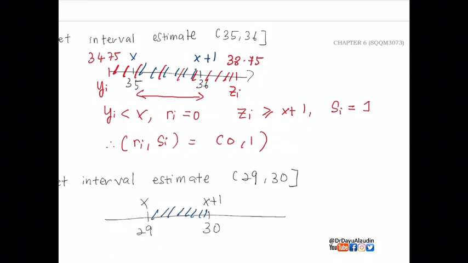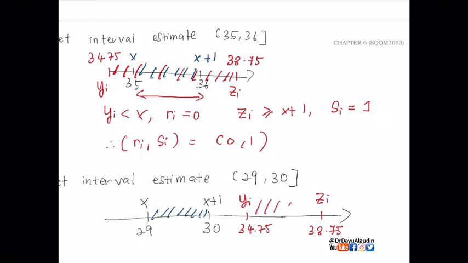However, YI is 34.75 and ZI is 38.75. So the entry age and the exit age are outside the interval estimate.